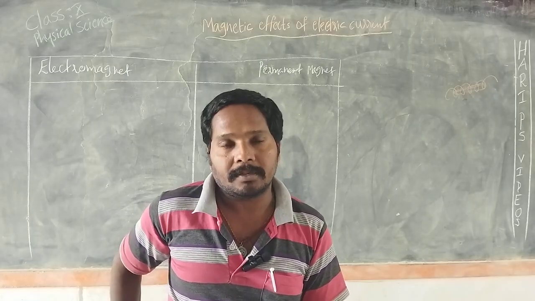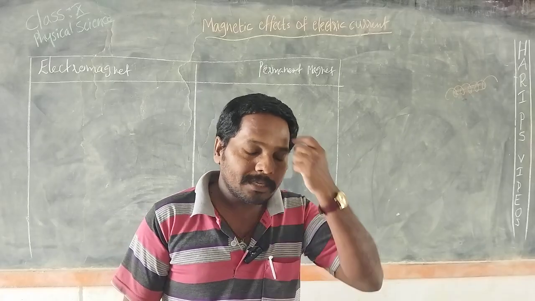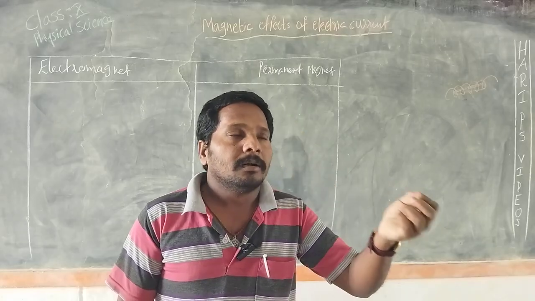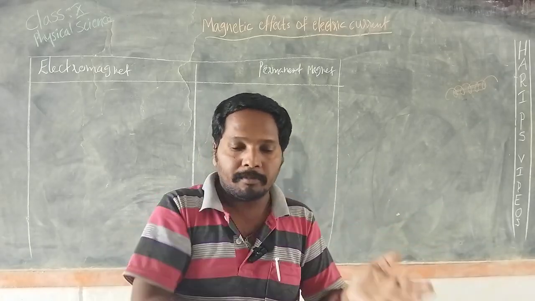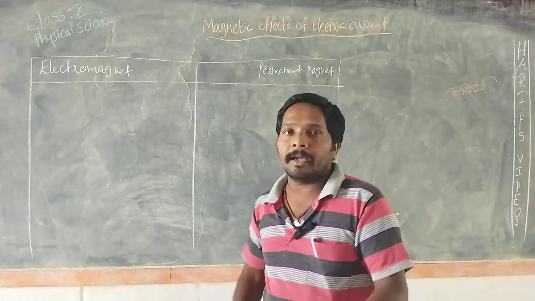In the previous classes we learned that we can make iron or many magnetic substances into magnets by using different methods. Recall the process of rubbing an iron nail with a bar magnet.